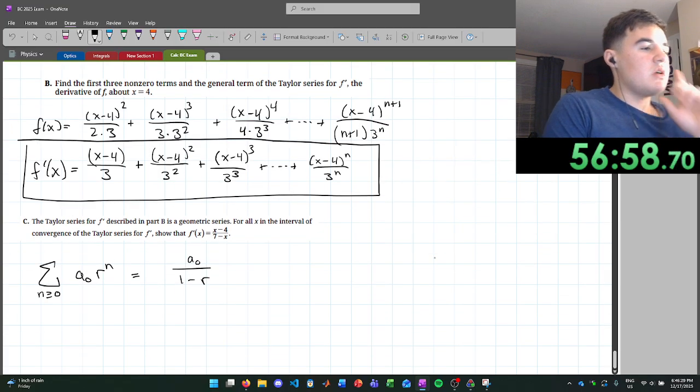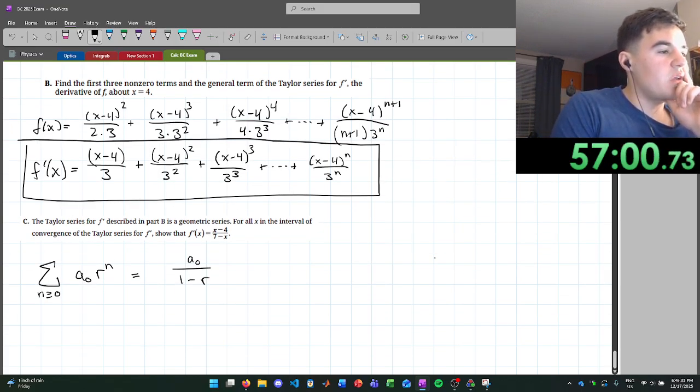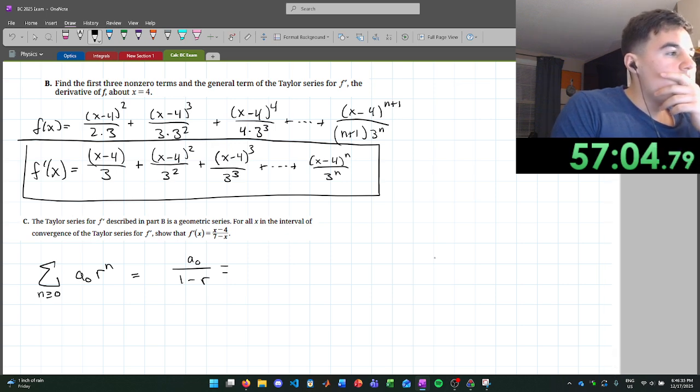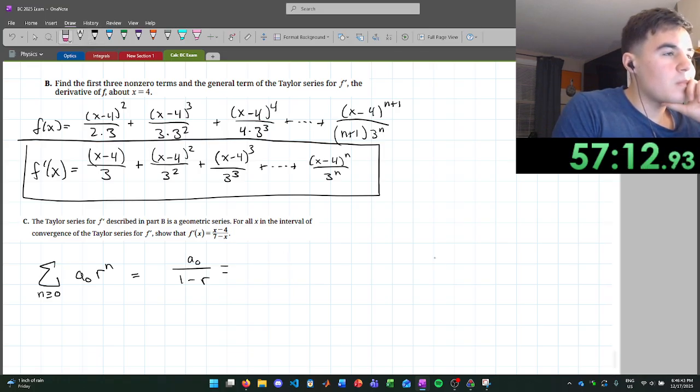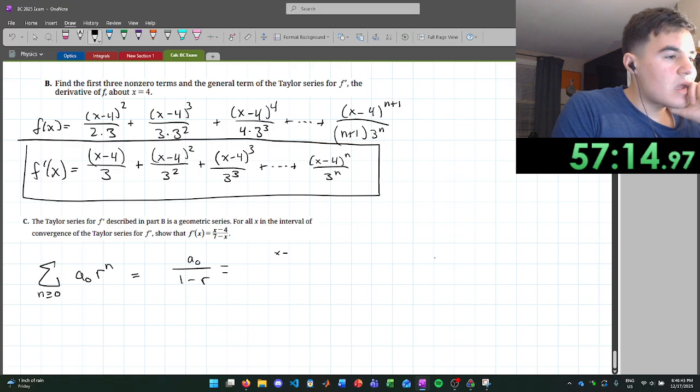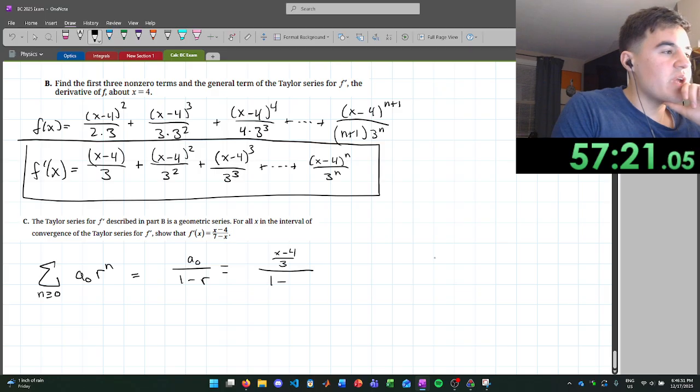In this case, it's going to be a0, which is just the first term, which is (x minus 4) over 3, divided by 1 minus the rate, which is 1 over 3.